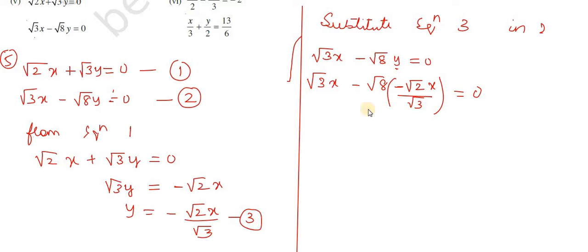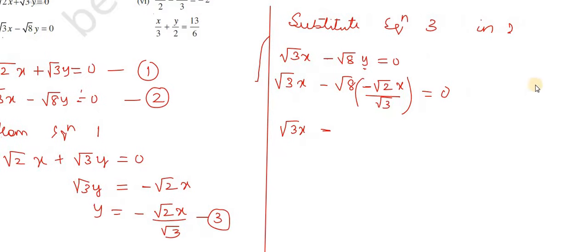Now simplify this. Square root of 3x minus square root of 8 into square root of 2. What do you get? Square root of 8 into 2, 16. What is square root of 16? It is nothing but 4.